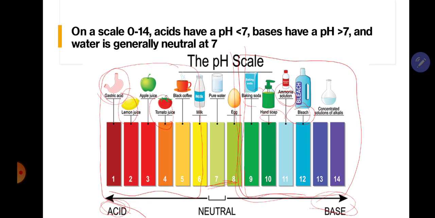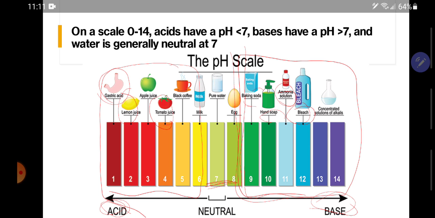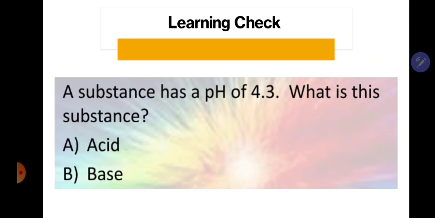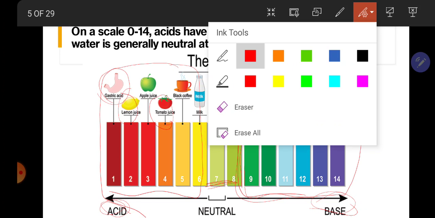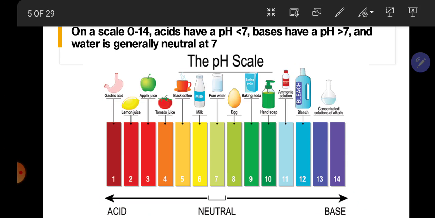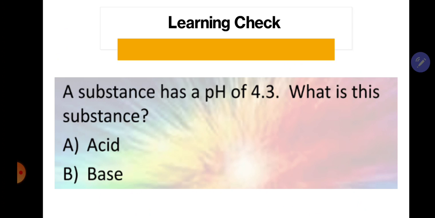And in the middle, we use as a standard, I guess would be a better word, water. Water we consider neutral. We have different versions of water now. You can buy alkaline water, you can buy slightly acidic water, but in general, water is about 7 in its pH. That means that it has an equal amount of hydrogens and hydroxides.